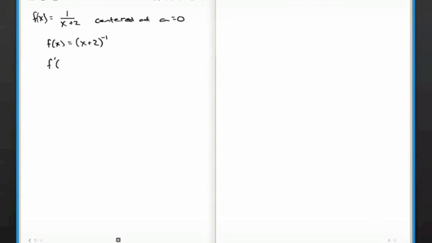So f prime of x equals, well, the power comes out front, -1 times x plus 2 to the negative 2. All right. f double prime of x equals, well, the power comes out front again, negative 2 times negative 1 times x plus 2 to the negative 3 this time.